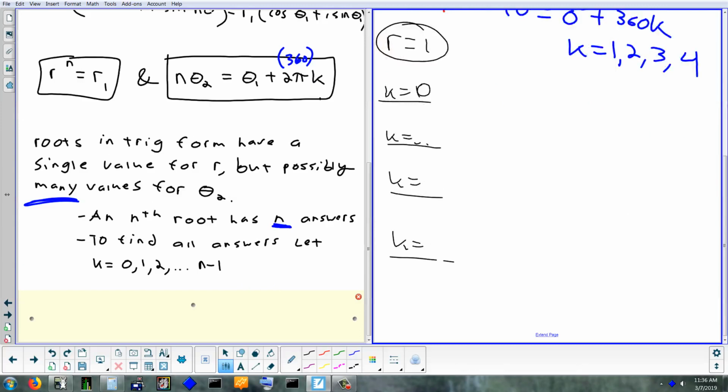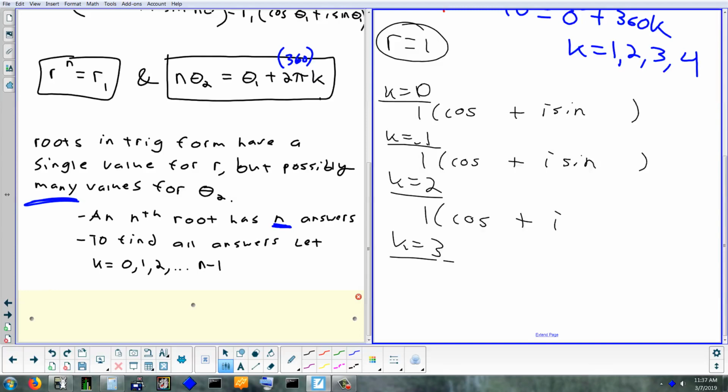Even though I don't need the 1, I'm going to write it, because sometimes it might not be 1. 1 cosine angle, i sine angle. You're going to write that 4 times. This is where it starts to get kind of tedious.